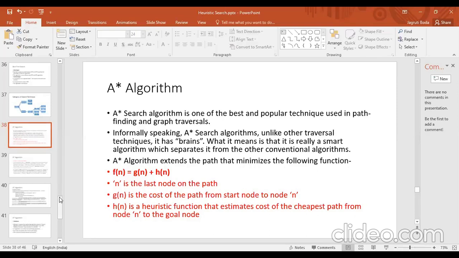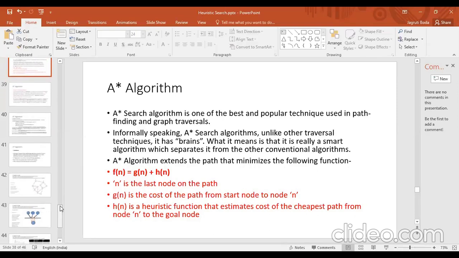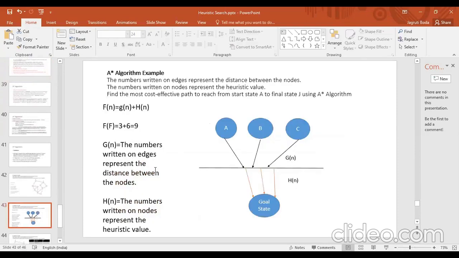Now we see with one example, so you have more clarity on what g of n and h of n are. Here this graph with A, B, C and the goal state is visible. So what is g of n and what is h of n? You already know h of n is the heuristic function value and g of n is the number of edges or distance between the nodes.